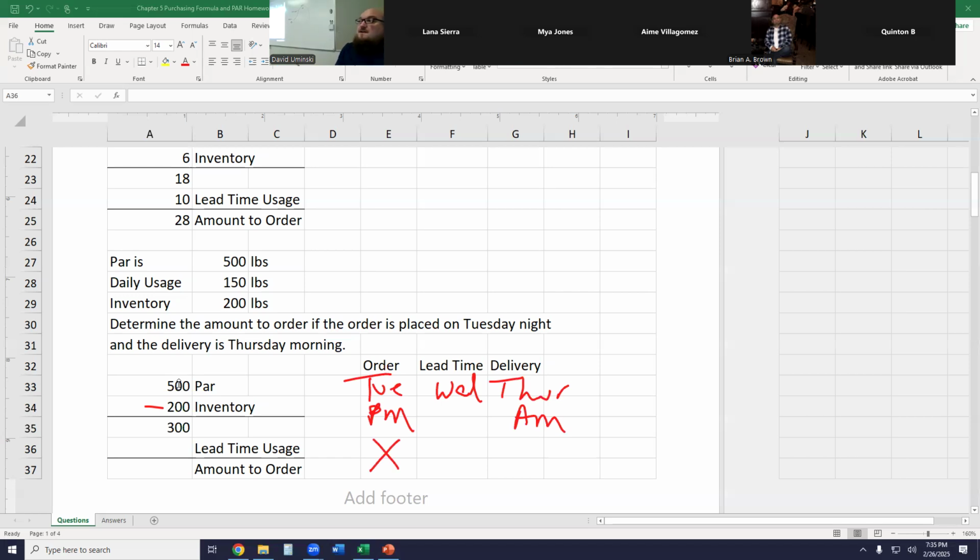PM, remember, PM means after we're closed already. So Tuesday PM, we're already closed for the day. That means we used it previously. Wednesday, yes. Thursday AM, that truck gets delivered before we open, so we're not gonna have any lead time usage on Thursday. So in reality, it's only 1 day.